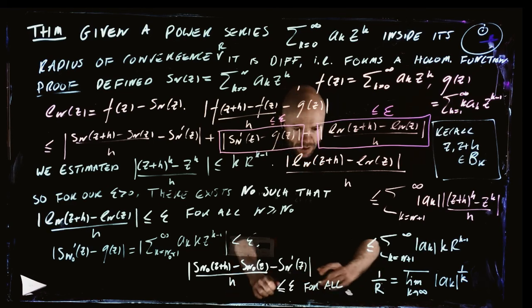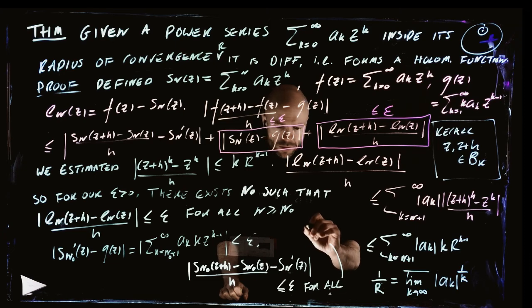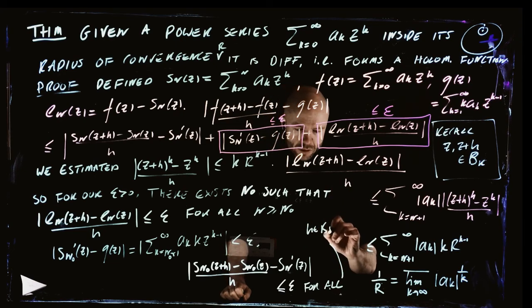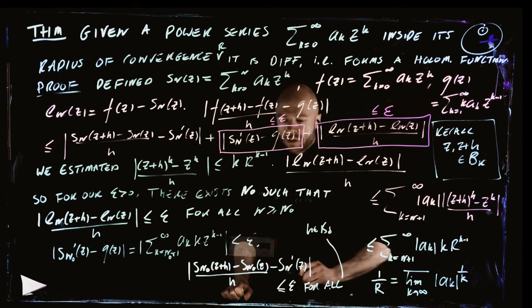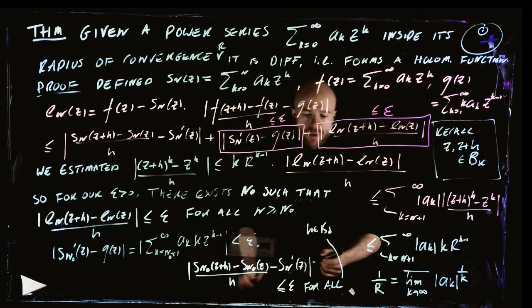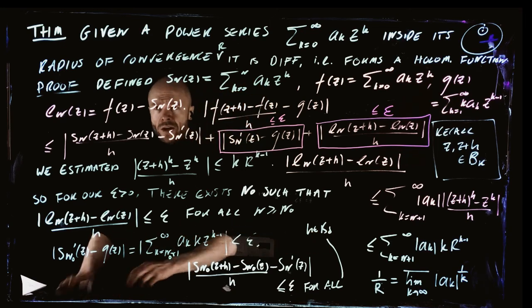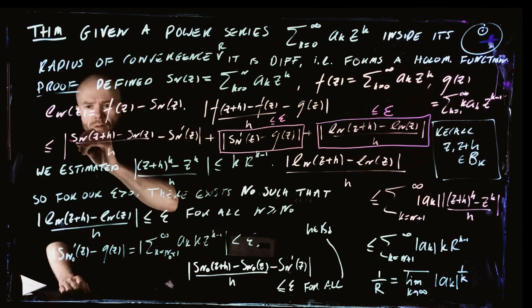Running out of space here, let me put this up here. I could probably put it here, right? Just by definition of differentiability. Yeah? Cool. So what that means is that this guy right here is also less than epsilon.